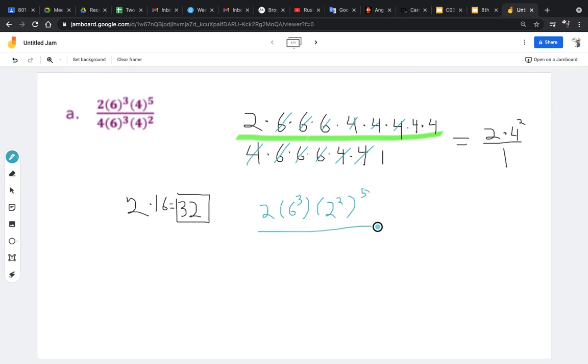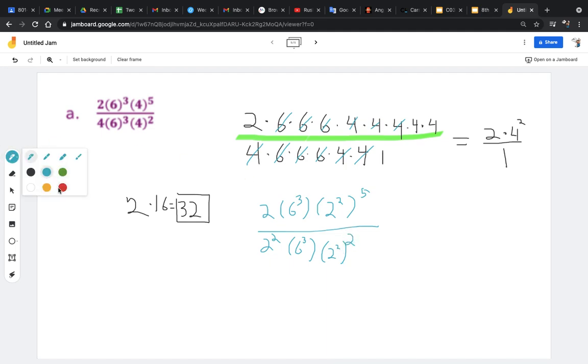In the denominator, I'm going to change that 4 into 2 to the second. 6 to the third is going to stay as it is. And 4 is going to become 2 to the second. That's going to be 2 to the second power.